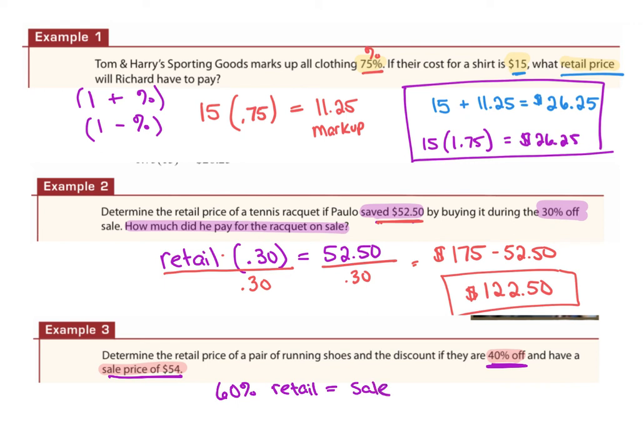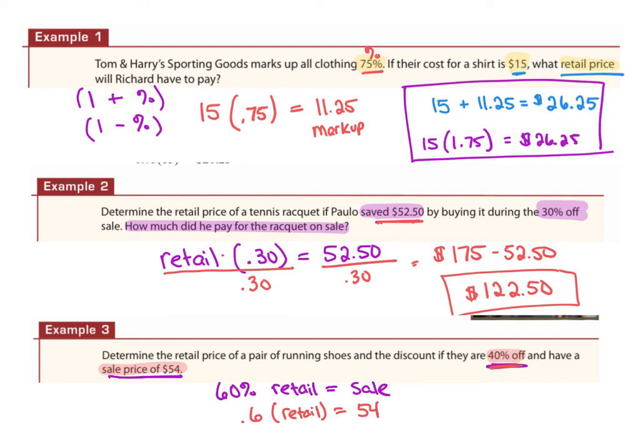And they've given me the sale price, right? So 60% of the retail should equal the $54.